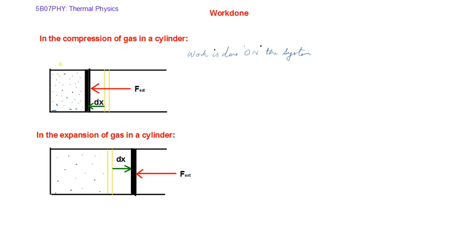By definition, work done W is equal to F dot S. That's our definition, where S is the displacement vector. In the case when the displacement is dx, let us say there is a very small work done, or I can call it infinitesimal work done here.